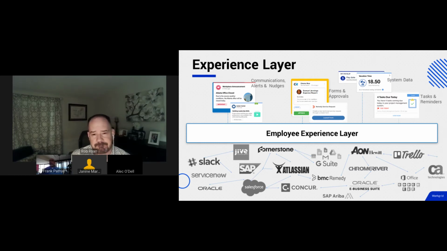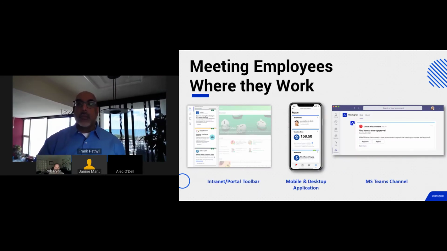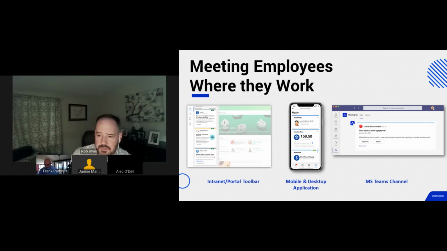Yep, absolutely. And I think this need to filter is turning into the major problem. So let's talk a little bit about where employees are and how we meet them. I guess the question we ask is, if we've got all those systems, multiple expense systems, ticket systems, does it imply people are working in more places these days? Absolutely. With that fragmented attention, the intranet is really not the primary place you may be going for information.